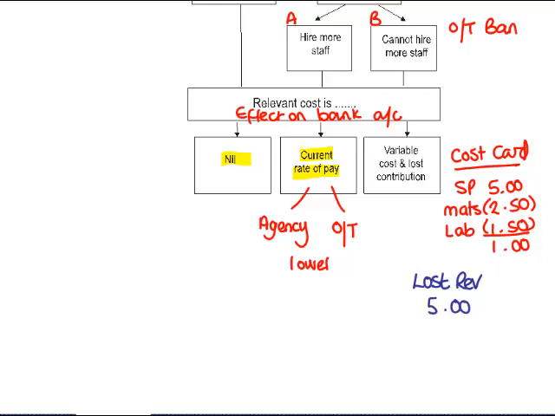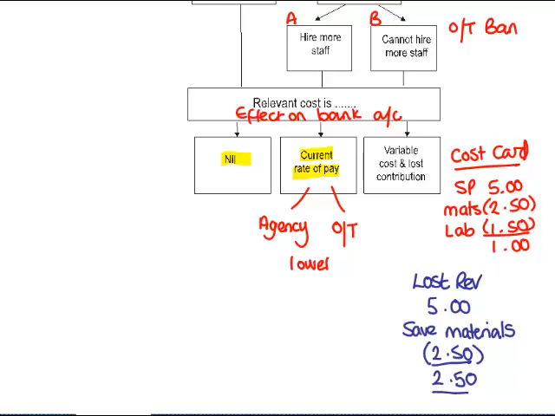However, I am actually going to save some materials costs because I'm not going to need to incur those if I'm not going to make a pot of raspberry jam, and that comes to £2.50. So therefore, I'm actually going to have a £2.50 reduction in my bank account.